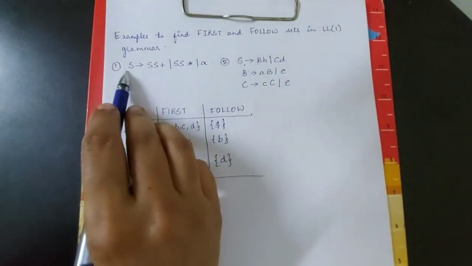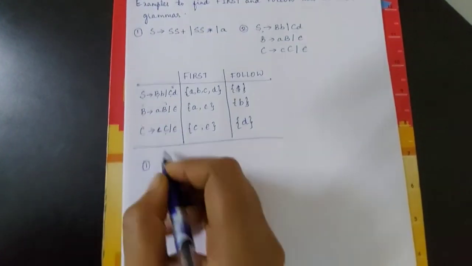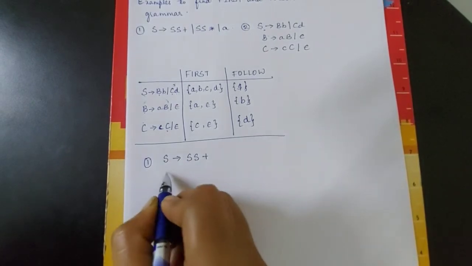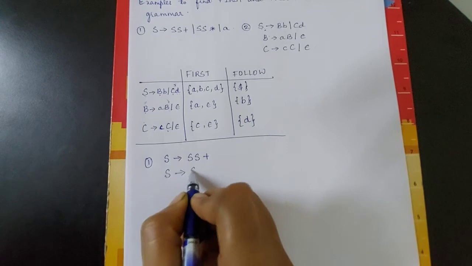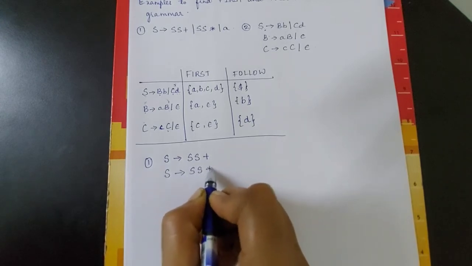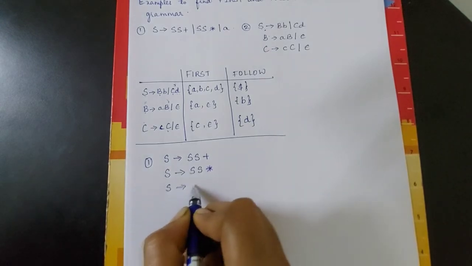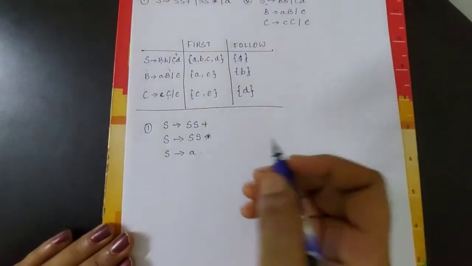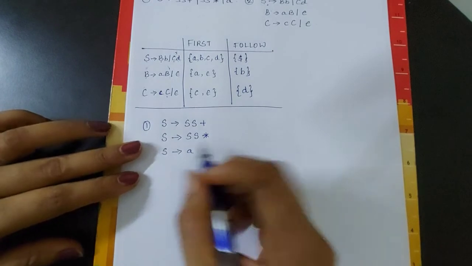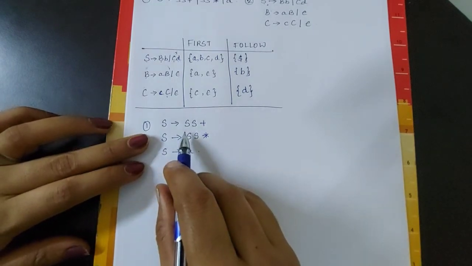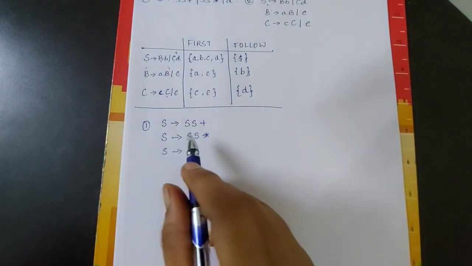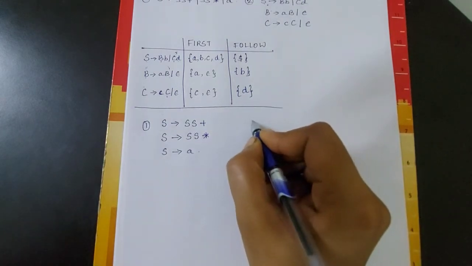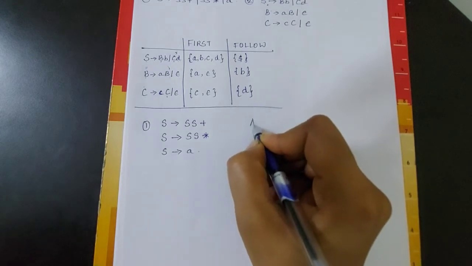Next we will consider the first example which was there over here, which is S derives SS plus, also S derives SS star, and S derives A. I have written it in this way for understanding purpose. Now if you see over here, it is left recursive as I told you earlier. Now we need to eliminate this left recursive property. So for that we have to apply this technique.